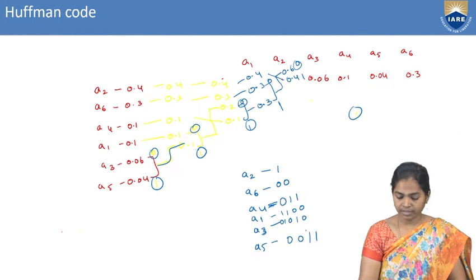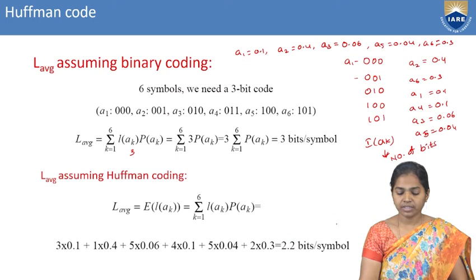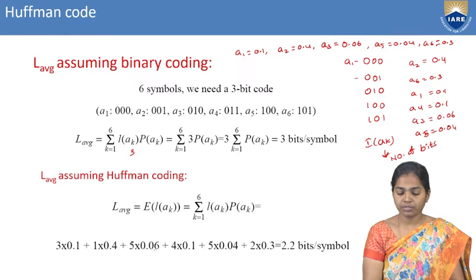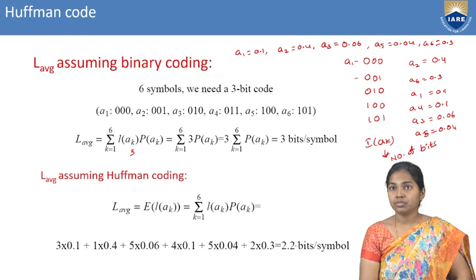So for A3, we are going to represent with 5 bits. Based on this, multiply 3 into 0.1 plus 1 into 0.4 plus 5 into 0.06 plus 4 into 0.1 plus 5 into 0.04 plus 2 into 0.3, which equals 2.2 bits per symbol. So 2.2 bits per symbol.